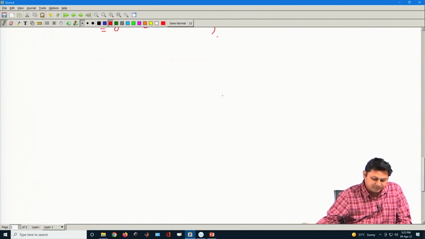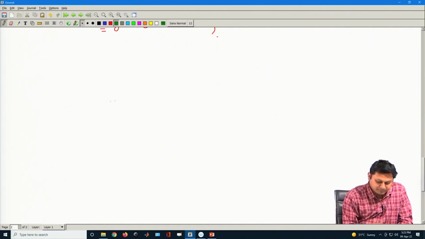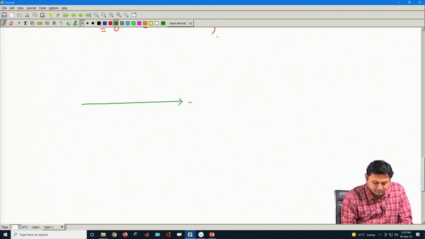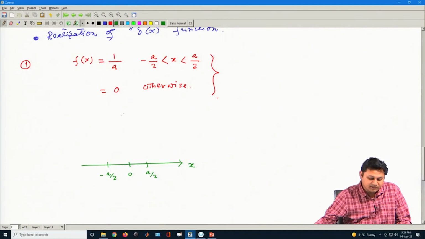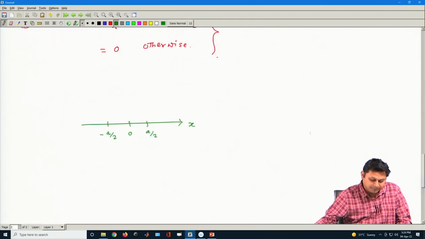Now, if I plot this function, the plot will be very, very simple. This is my x axis, this point is 0, I have a point here a by 2, and a point here minus a by 2, and when the x value is in between minus a by 2 and a by 2, we have a constant value 1 by a.